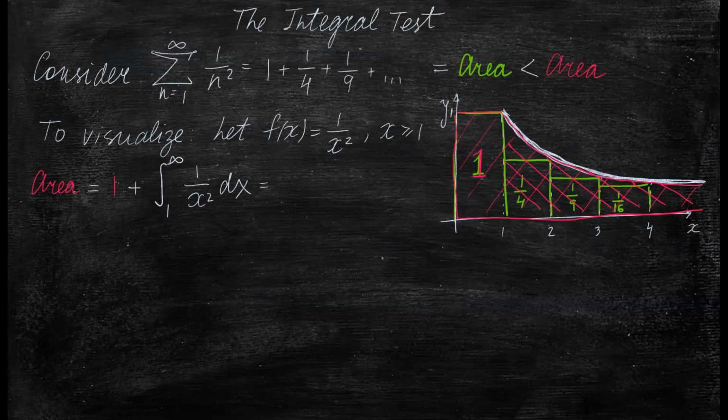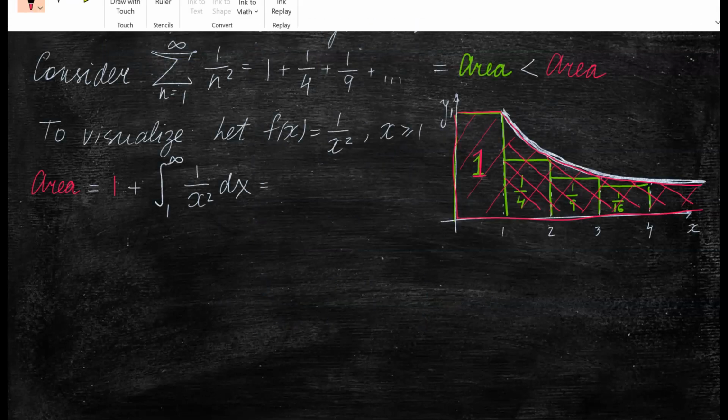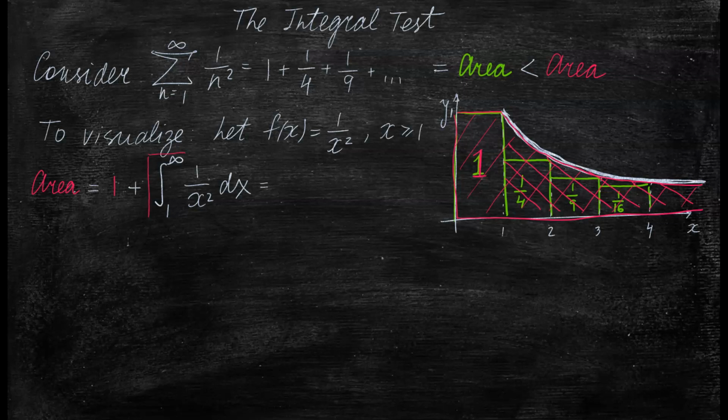That means this whole integral is equal to 1. So the total area is equal to 1 plus 1, which is 2. So what does that mean?